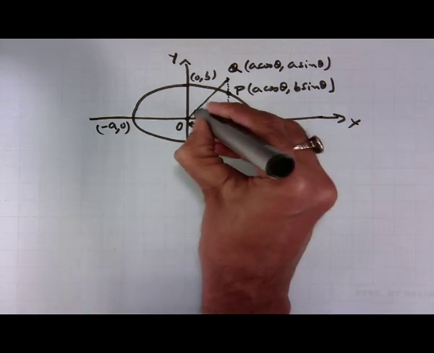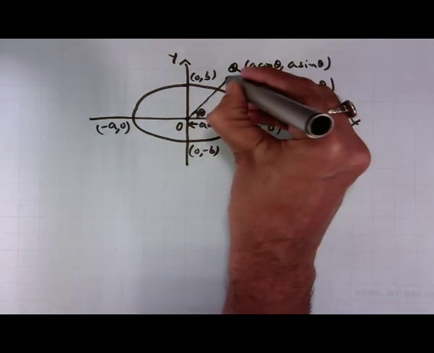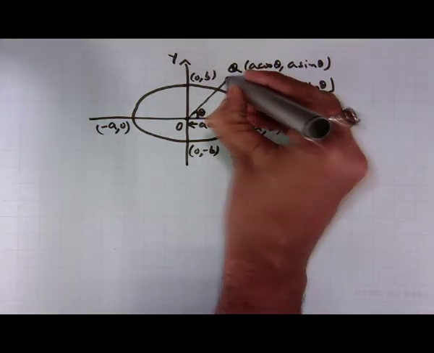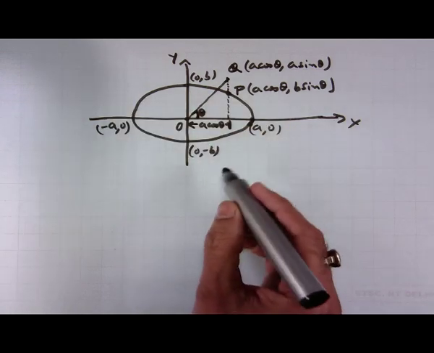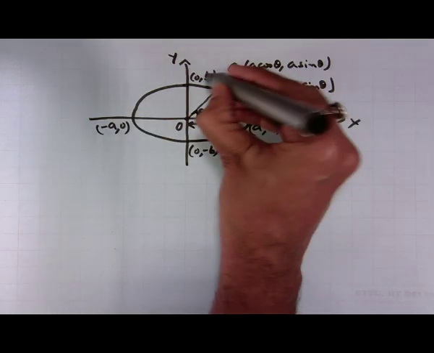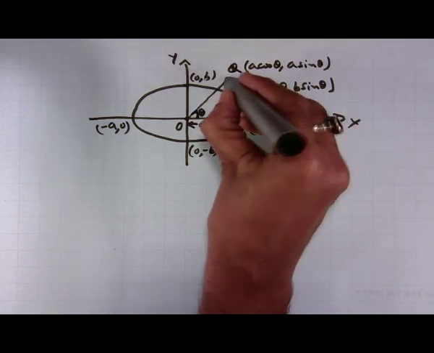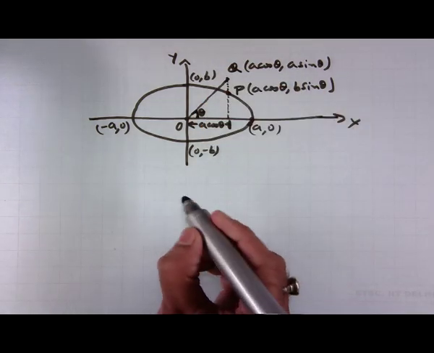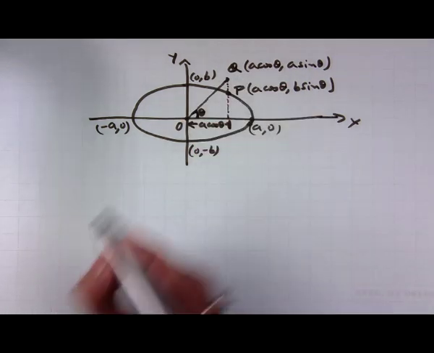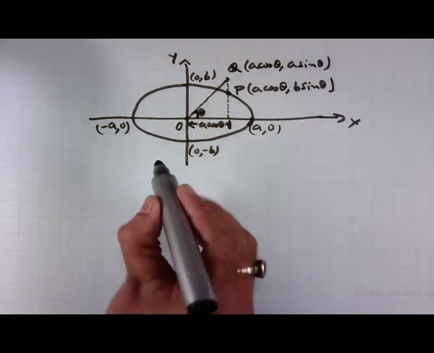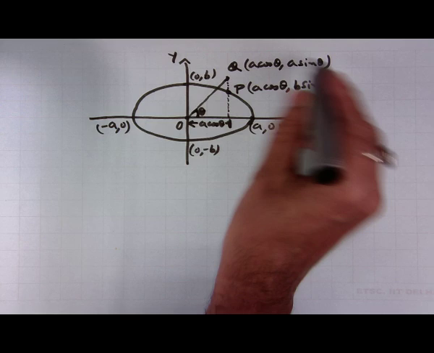In this case, we are taking b to be less than a. So, this point is outside this ellipse. Now, where is this point Q? If you see, this point Q lies on the circle.